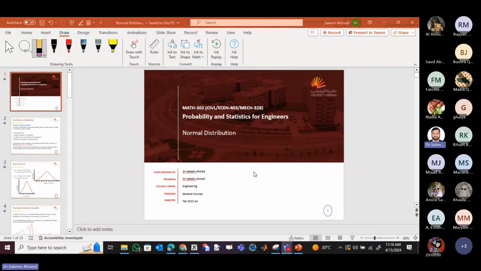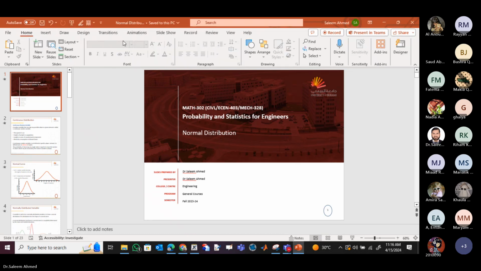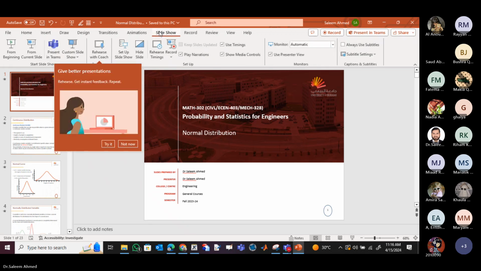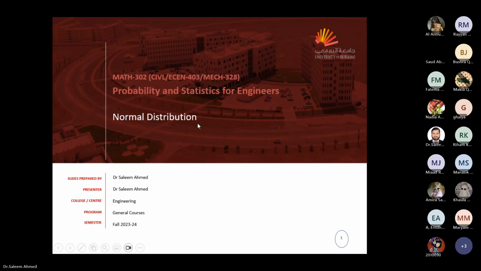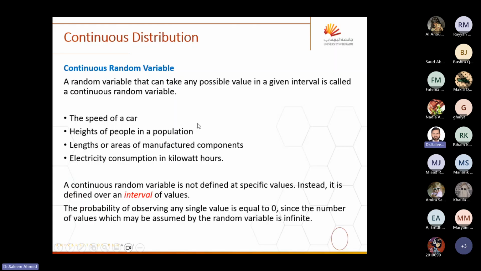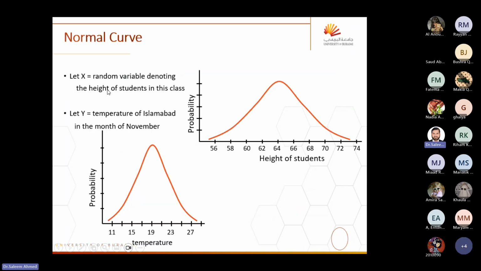So we started normal distribution last time. It is a continuous random variable. Normal distribution is a continuous distribution. We studied continuous distributions in detail as well.